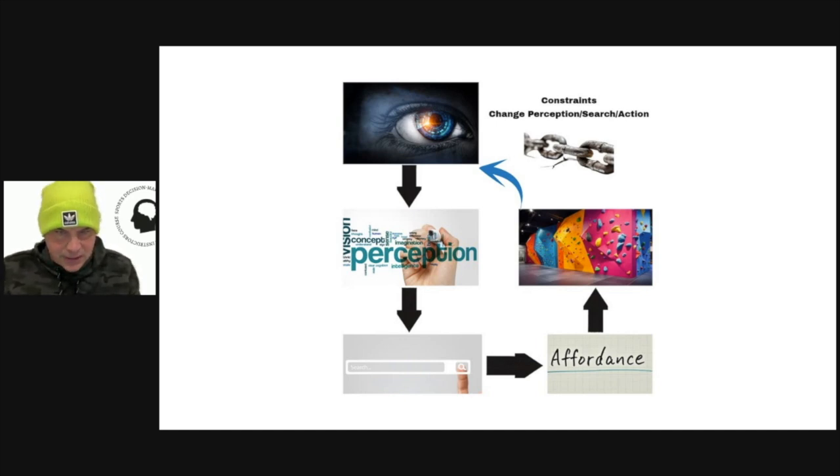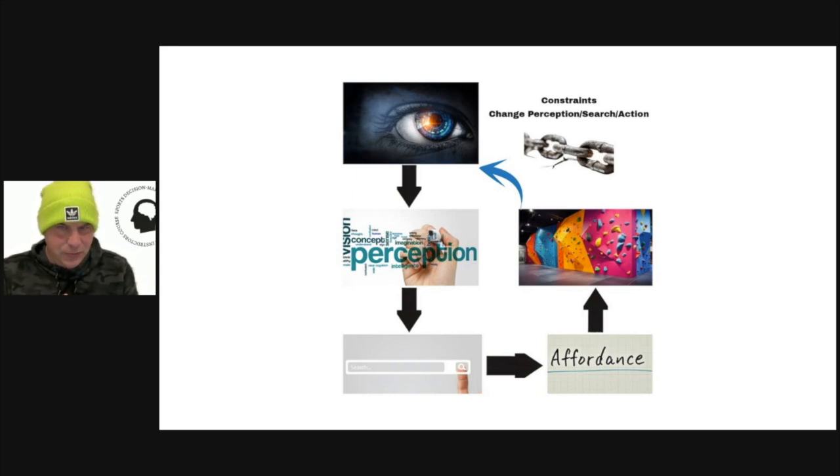Now, there's a climbing wall here in this slide. And if an athlete has great grip strength, they are going to perceive that wall to climb up it using hand grips. Where can I climb? What is the path? Because I have great grip strength for me to use my hands. Look at the chain above it.